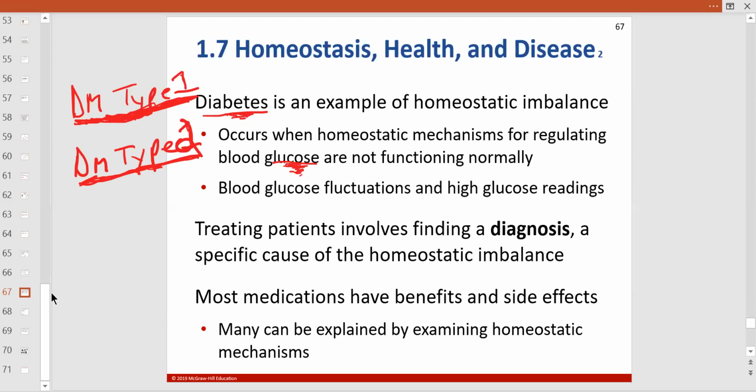Too much blood glucose, where your receptors for insulin say, all right, that's enough. We can't get enough insulin out. We can't use these receptors anymore. You become resistant to insulin, and then you have no glucose going into your cells. So you're diabetic type 2.